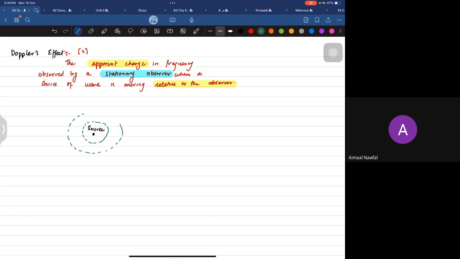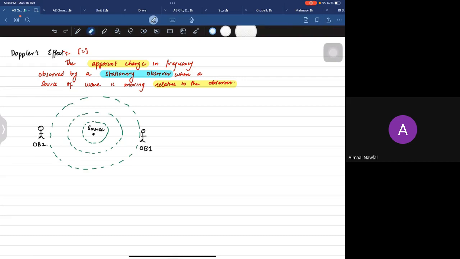So it's producing sound wave currently, and these are circular, like they're going in every direction. All right. So there's one person who's standing right here. Let's call him observer 1. And then there's another person who's standing right here. Let's call him observer 2. Is it clear?